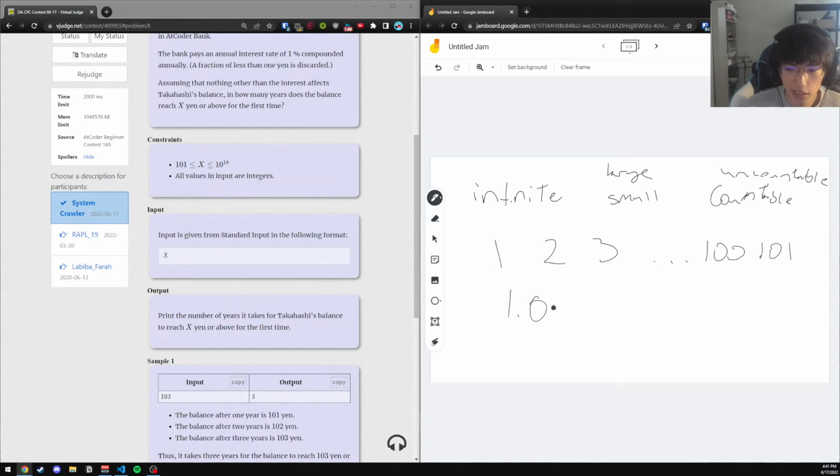But let's say you have a decimal number, so like we have 1.0, right? And it's just 1.0. But what's the next largest number? It's not 1.01 because you could have a smaller number. And this continues infinitely. So even between 1 and 2, there are infinitely many numbers in between.